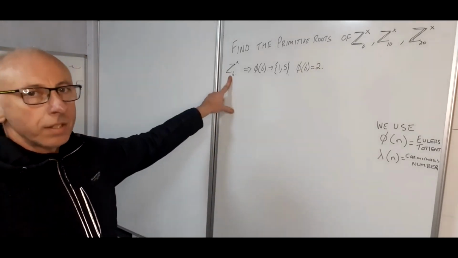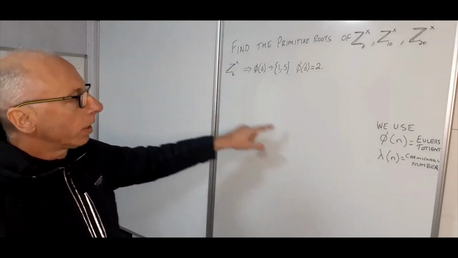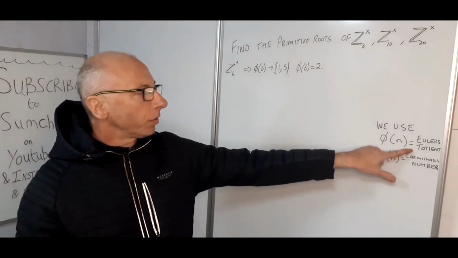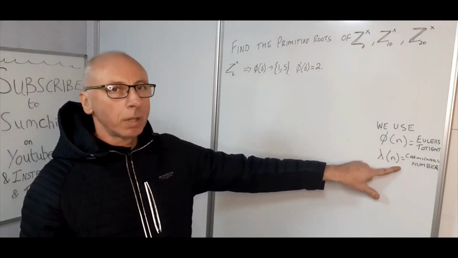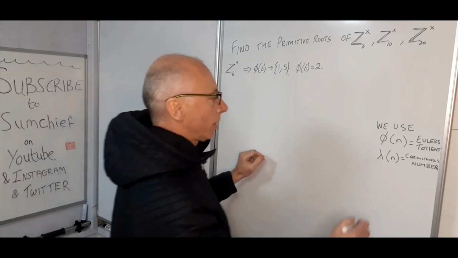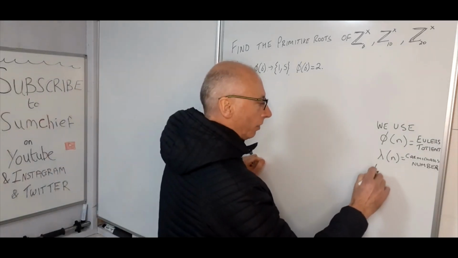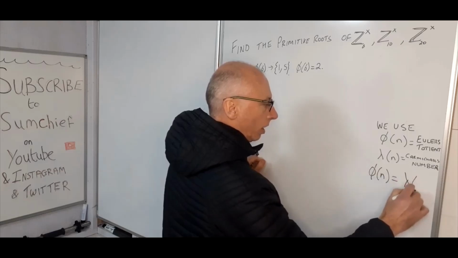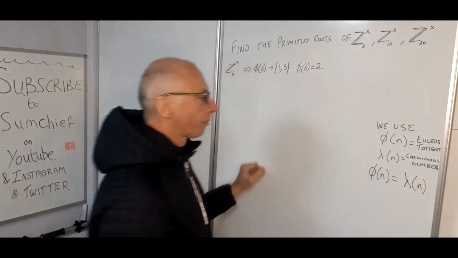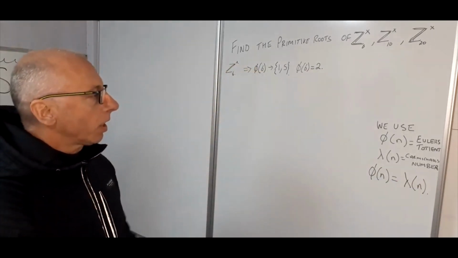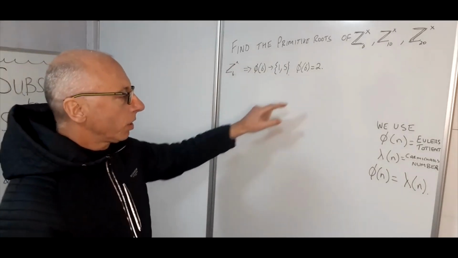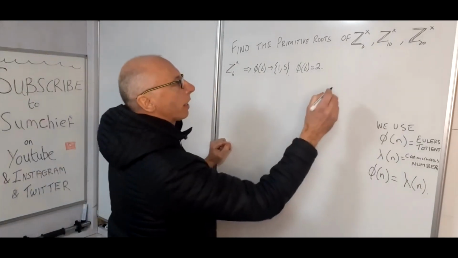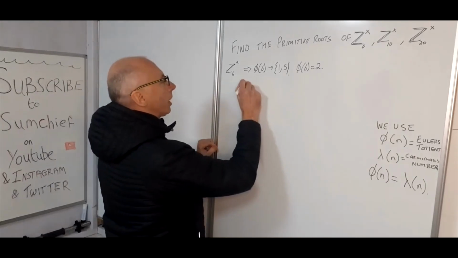Now for this set to have a primitive root, Euler's Totient Function must be equal to Carmichael's number. So I'm just going to write that here. Phi of n must equal lambda of n. Now Carmichael's number, let's write that down here.